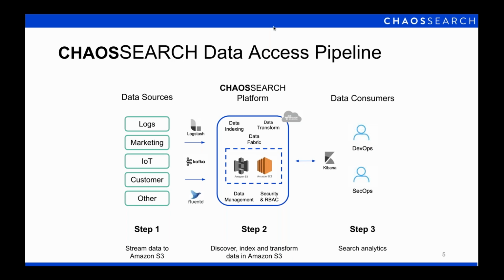Once that data is into S3, we index that data on your behalf, and we provide you a Kibana user interface to actually search on that data. So today we're going to be showing a solution, Kubernetes, that's really conducive for DevOps and SecOps, but it's a very simplified data access pipeline.